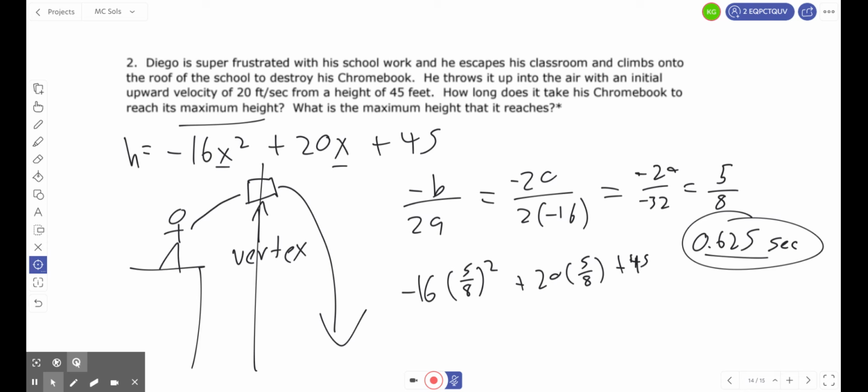If you calculate that out, that equals 51.25 feet. All right, and that is the maximum height that it reaches. He really didn't throw it very high, even though he was so angry.